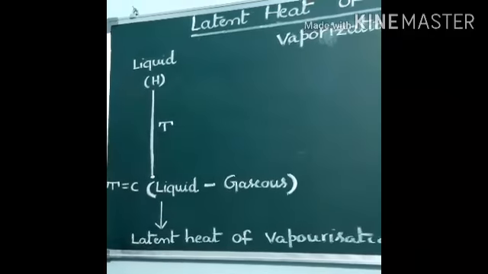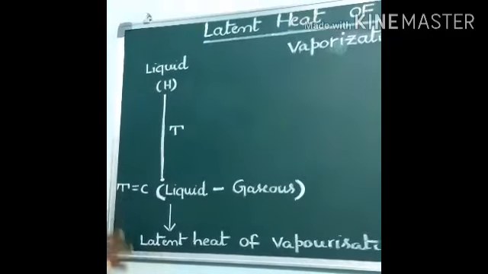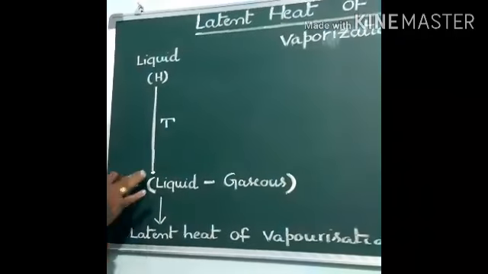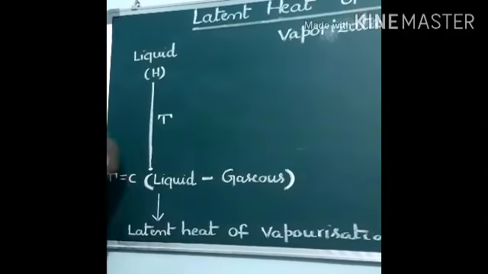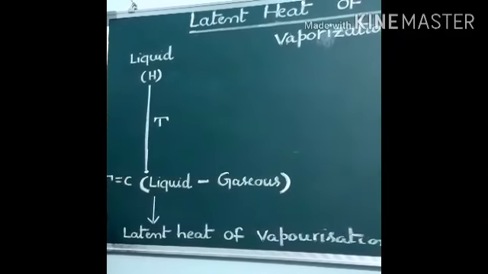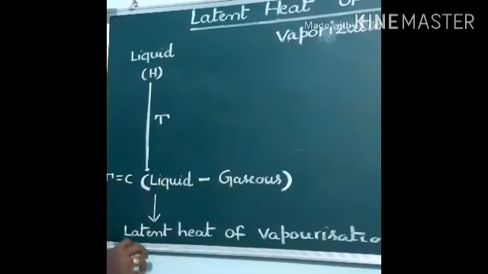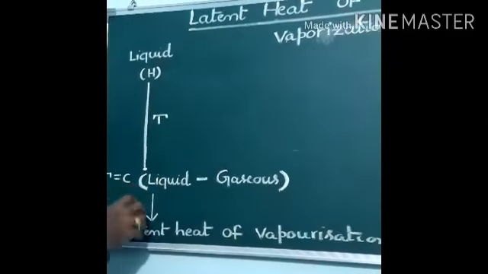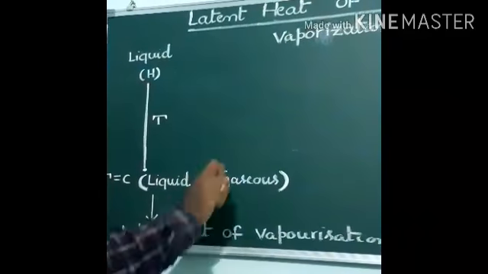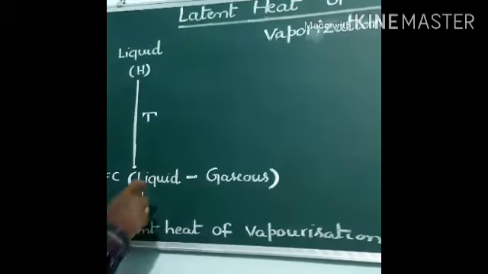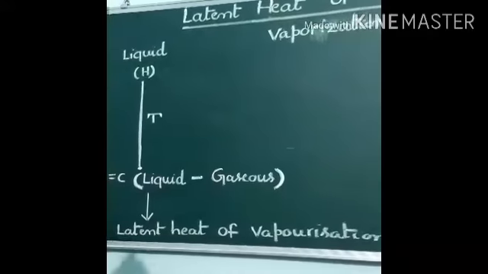The inside particles absorb the heat and get kinetic energy, and temperature increases up to a particular point. At that point, temperature suddenly stops. The temperature should be constant. Why? Because here heat is utilized only for conversion of state, that is, liquid to gases. This phenomenon is called latent heat of vaporization, and this can be explained in terms of a graph.